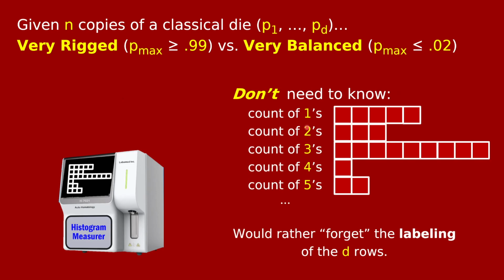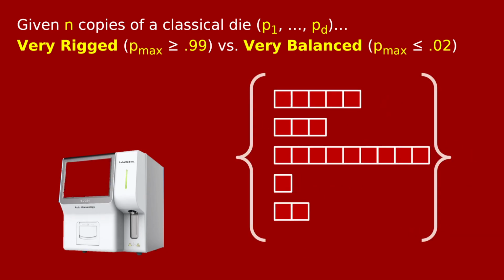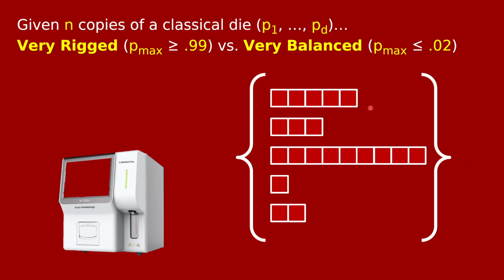So we don't even really need to know how many 1s were there, how many 2s were there, how many 3s were there. We would almost rather forget the labeling of the D rows and just know that some face came out 5 times, some face came out 3 times, some face came out, however many this is, 9 times, and so forth. In other words, we're just as happy to know the multi-set of counts without actually caring about which face is associated to which count.